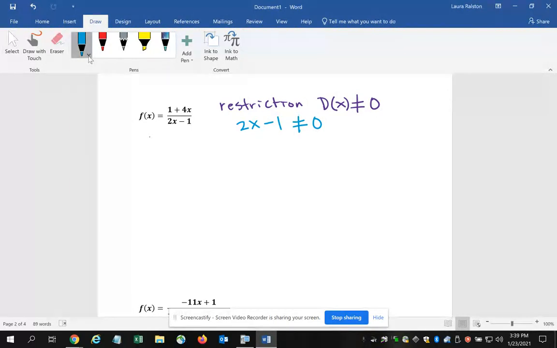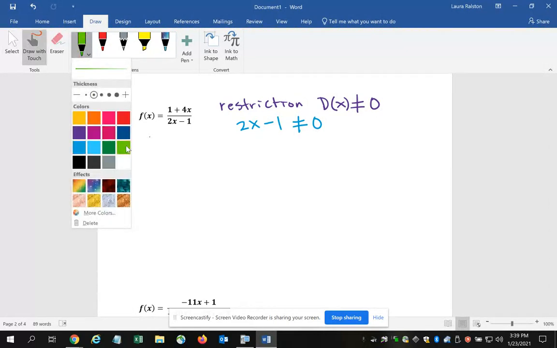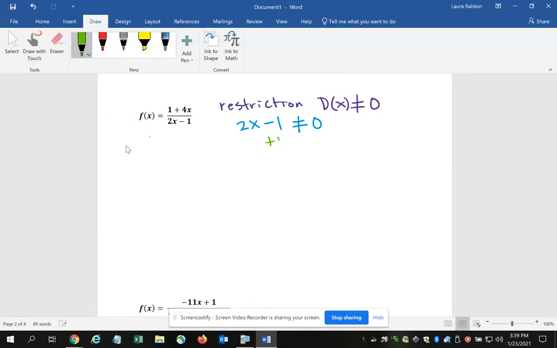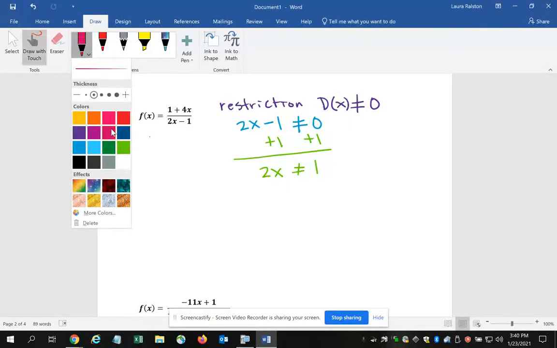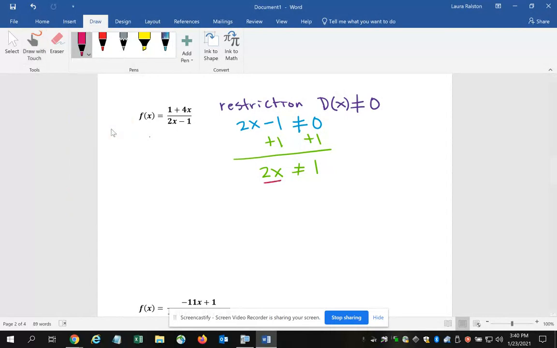And then I'm going to solve that basic algebra equation. I'm going to add 1 to either side. So we have 2x cannot be 1. Then we're going to divide both sides by 2. So x cannot be positive 1/2.